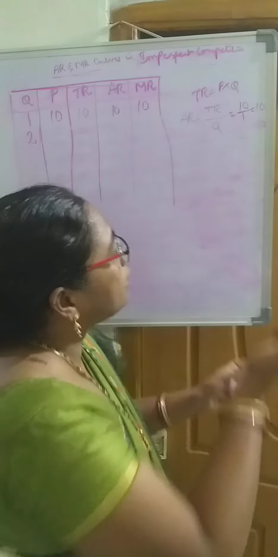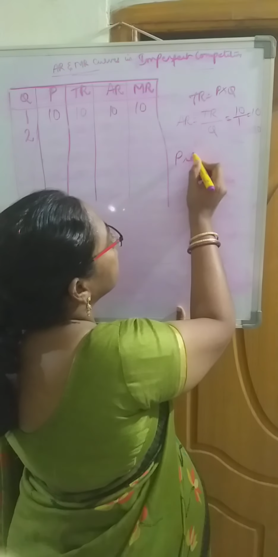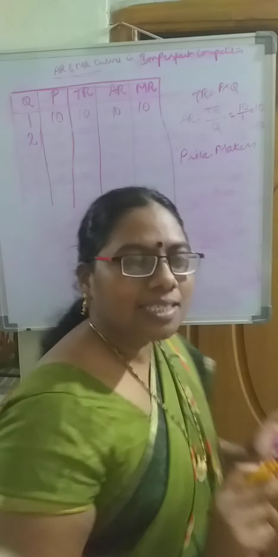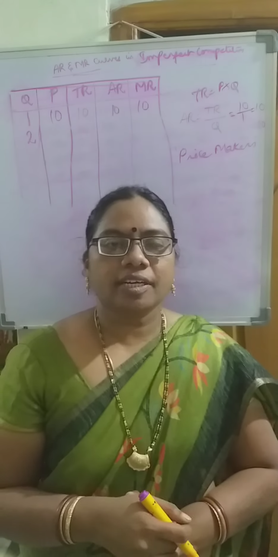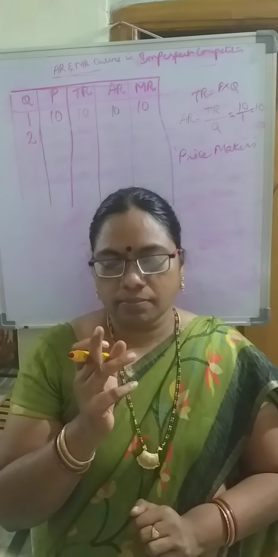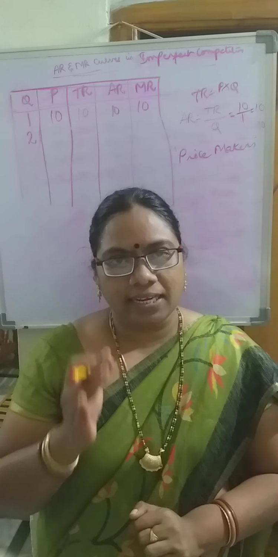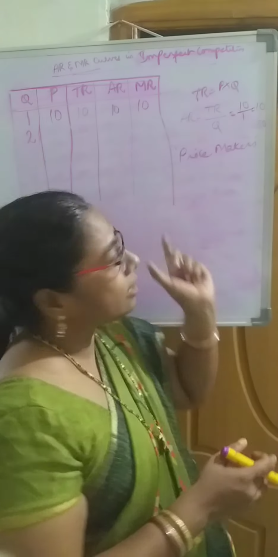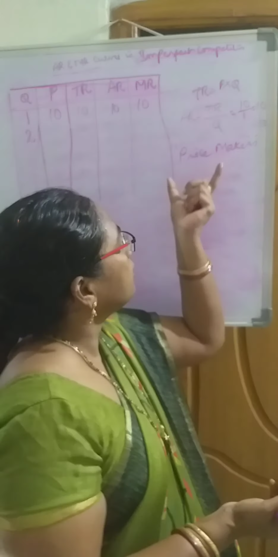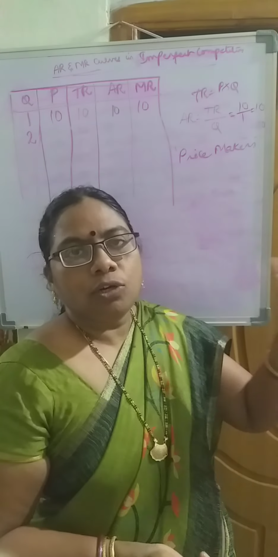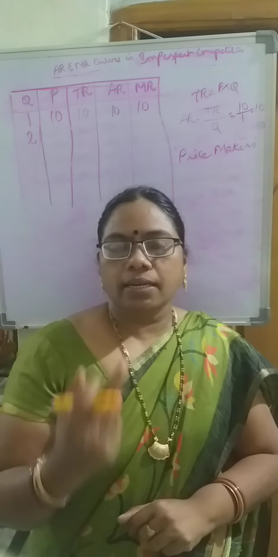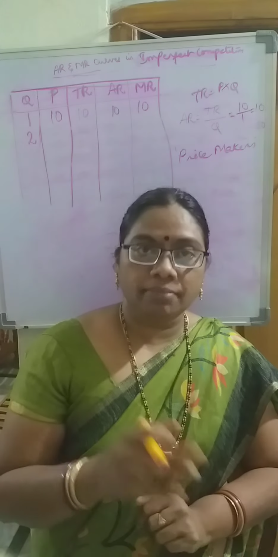So you can call them price makers rather than price takers as in perfect competition. In perfect competition, we coined the term price takers: the firms only accept the price. But here they can make the price, they have that independence in price decision. So you can call the firms in imperfect competition price makers.